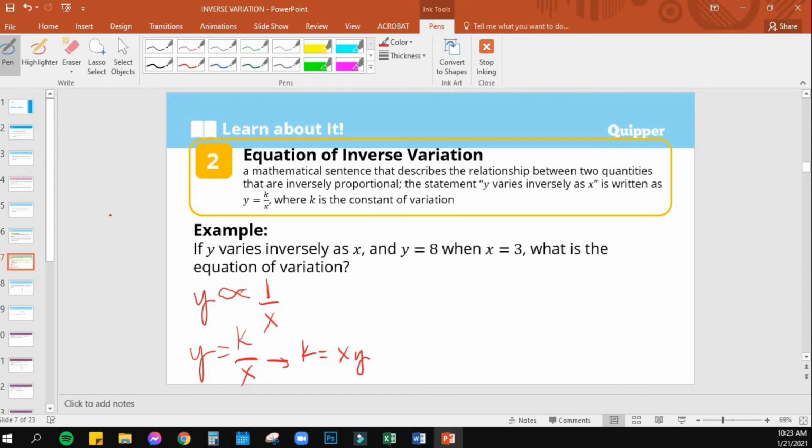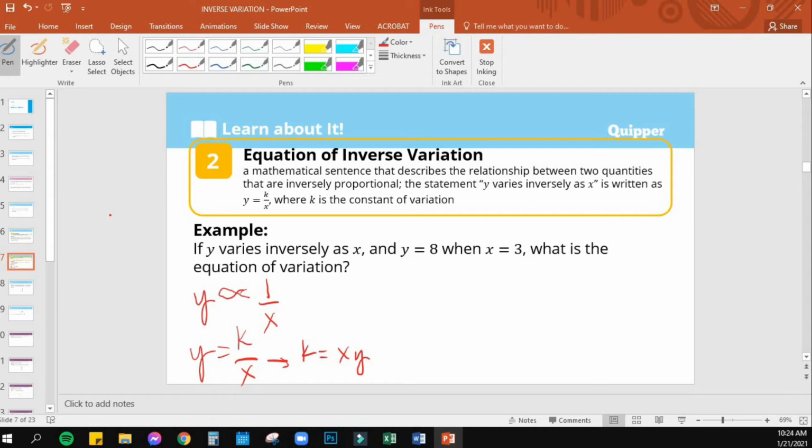Okay, in our example, we are going to find the equation. So we have the general form y is equal to k over x, or k is equal to x times y. Either of the two pwede nyo gamitin in order to find the value of the constant.